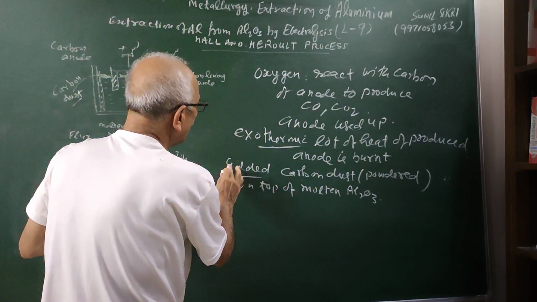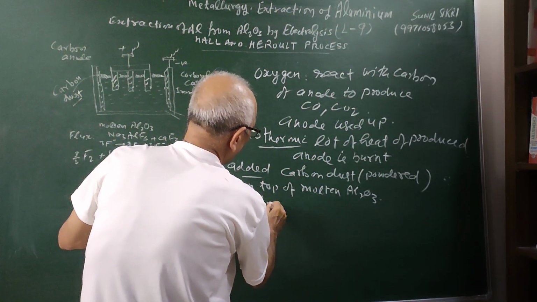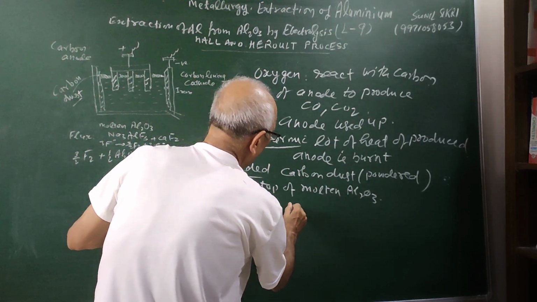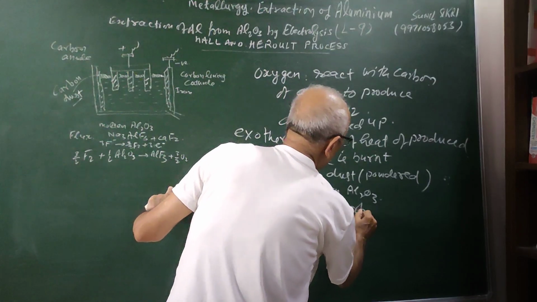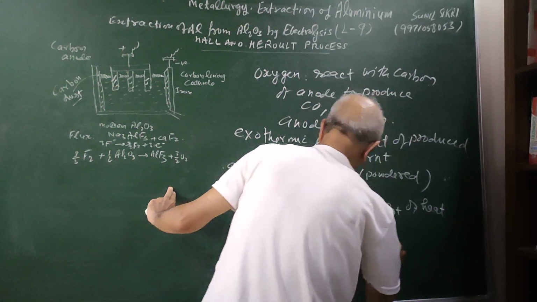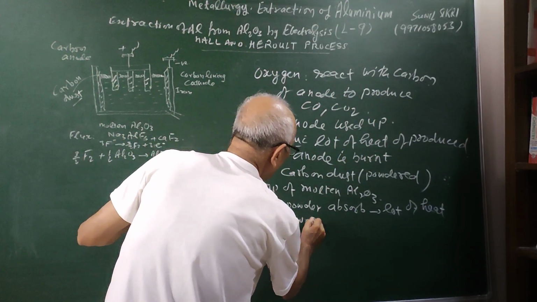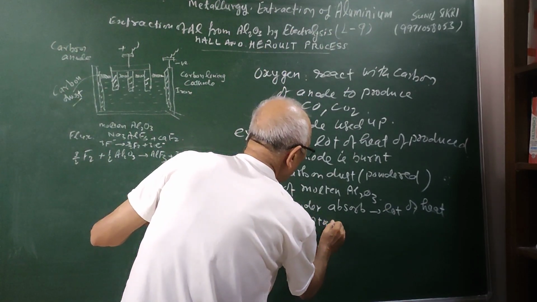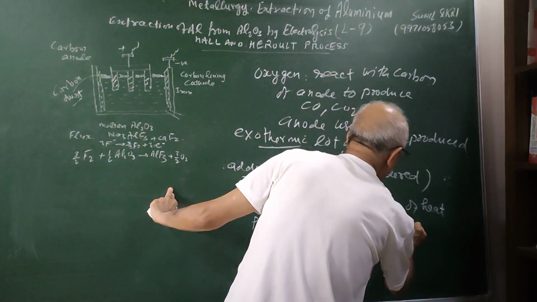What it will do, students, is that this carbon powder will absorb a lot of heat, and hence will prevent wastage of heat by radiation. One thing, wastage of heat by radiation.